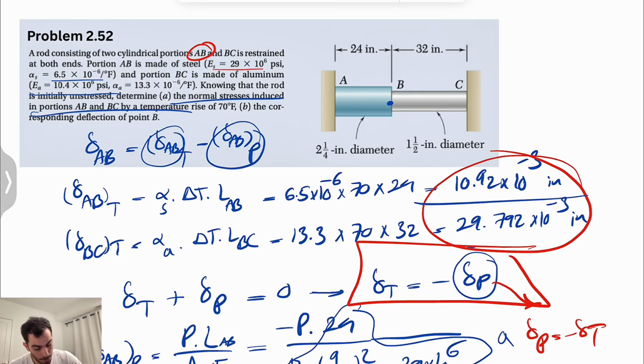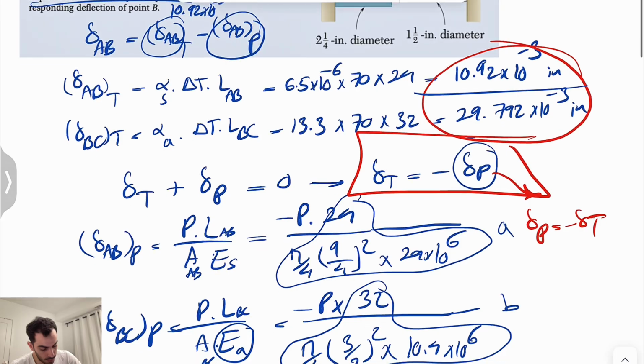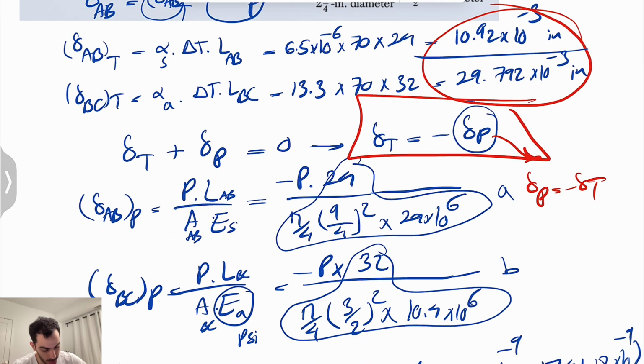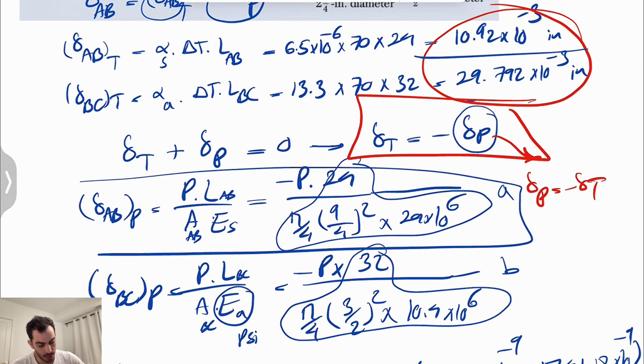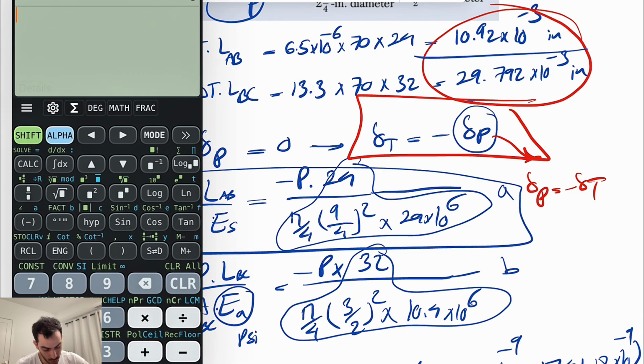So it's 10.92 times 10 to the minus 3, the thermal expansion of AB. For the other part, it's basically the value that we have here, and now that we have P, it's easy enough to figure out. It's this ratio.